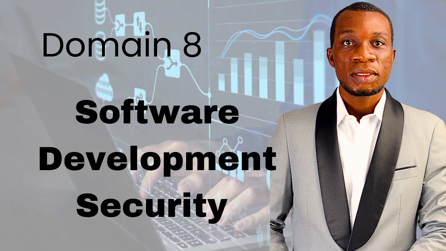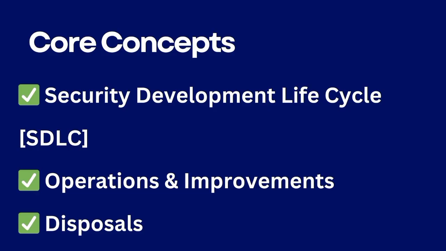All right. So in this domain, we're looking at the software development lifecycle. We're looking at security and operations. Then looking at disposals. So it's more like the whole life cycle of the software. So I call it the security life cycle.